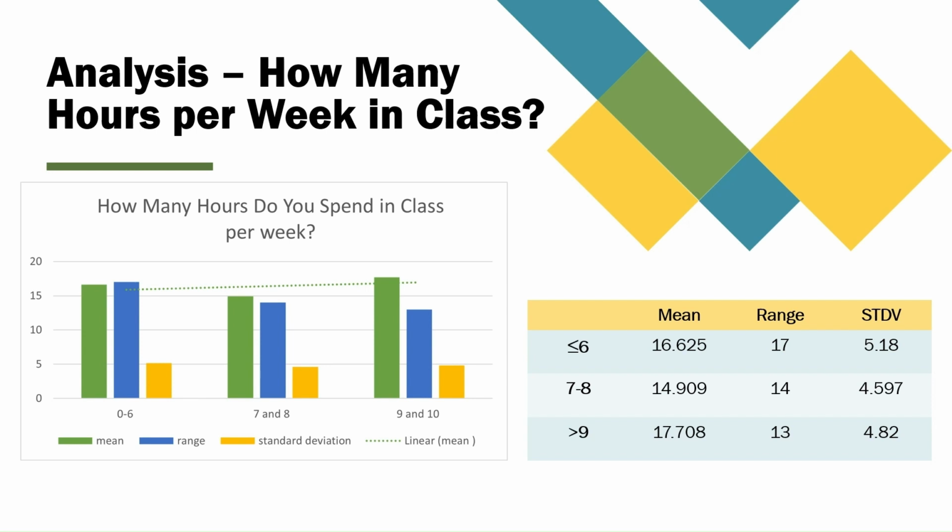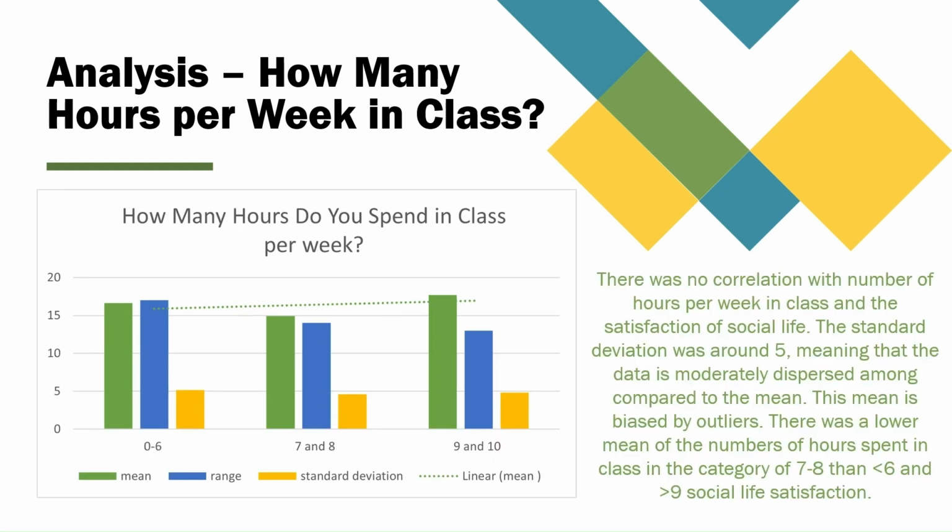And so here is a graph representing the breakdown based on social life satisfaction and the amount of time spent in class per week. And then over here on the right, we can see the different data points actually in physical form. And so our analysis here is that we saw really no correlation with the number of hours spent in class per week with the social life satisfaction.